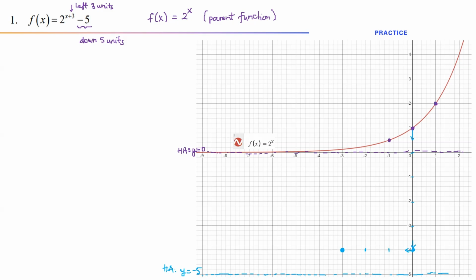Now from this point we go 1, 2, 3, 4, 5, then go to the left 1, 2, 3 units. The same for this point.